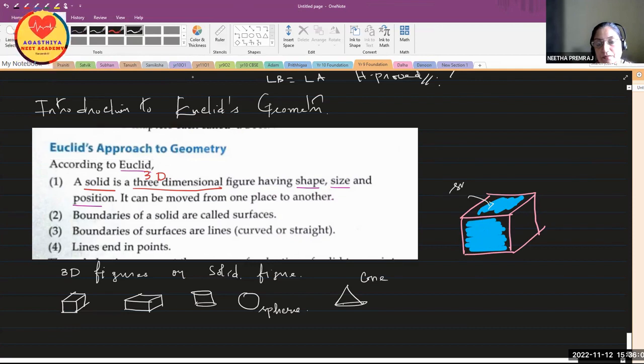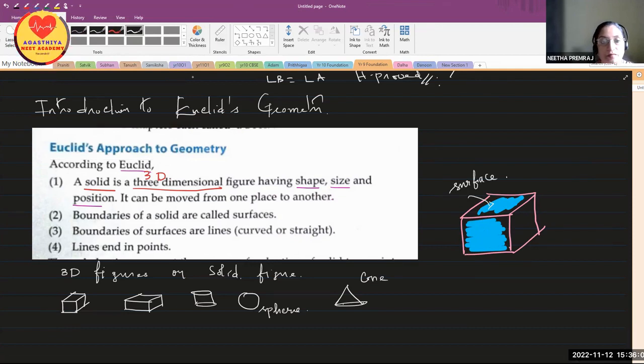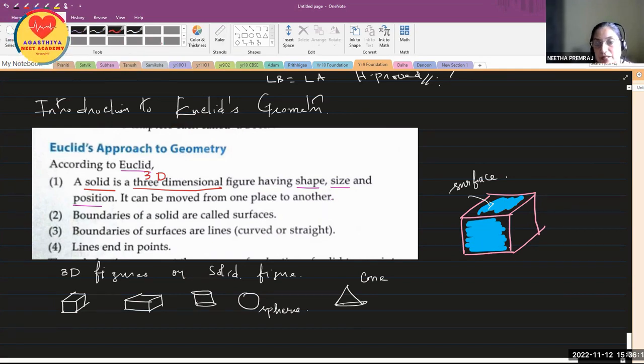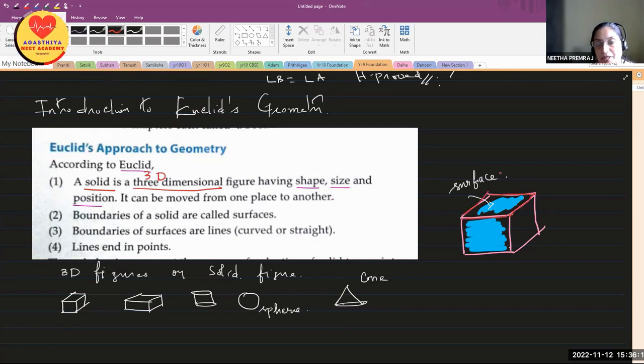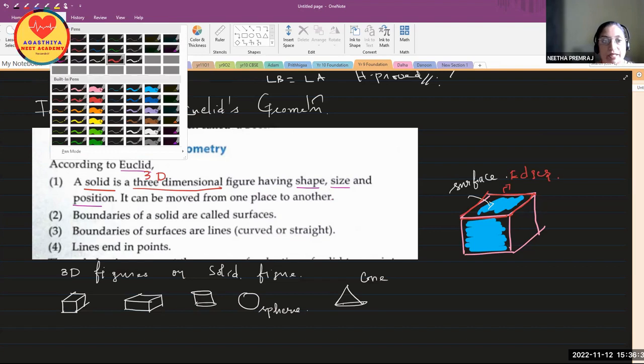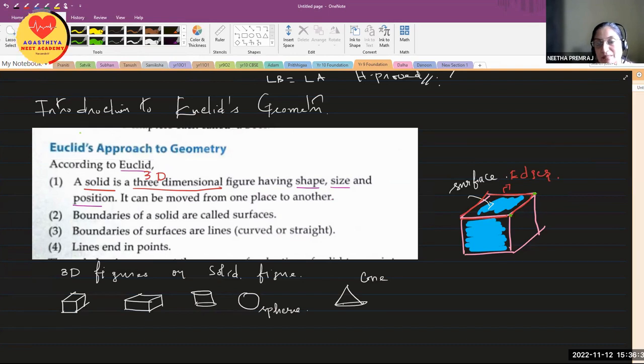This is a surface. Then the boundary of the surface, the name of the boundaries of the surface is called edges. The edges meet at a point. These points are called a vertex, and plurally we say vertices.